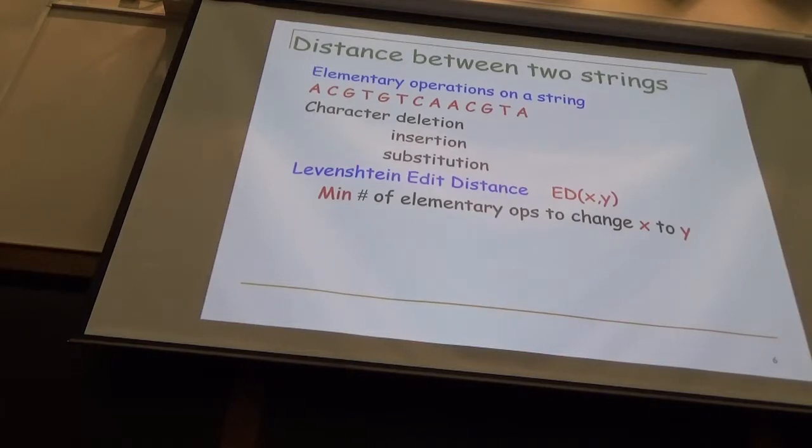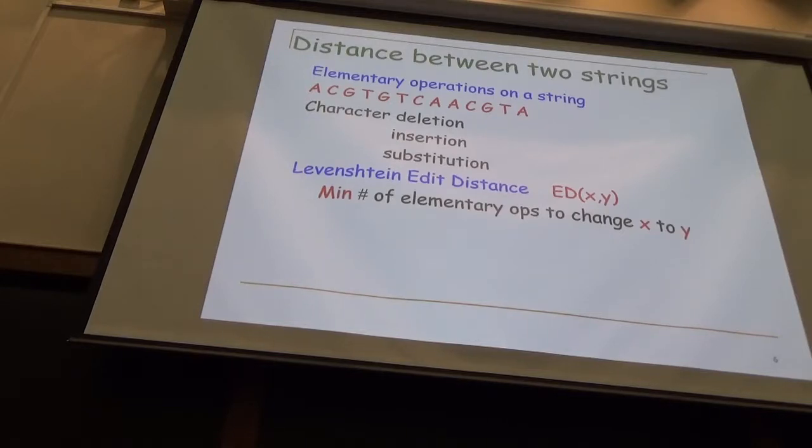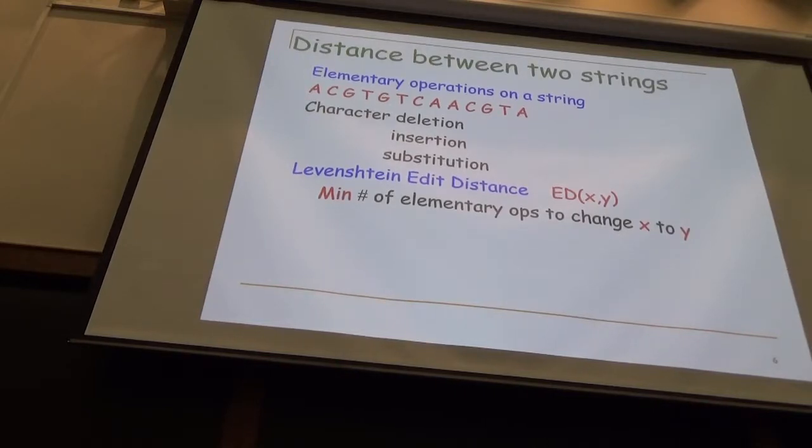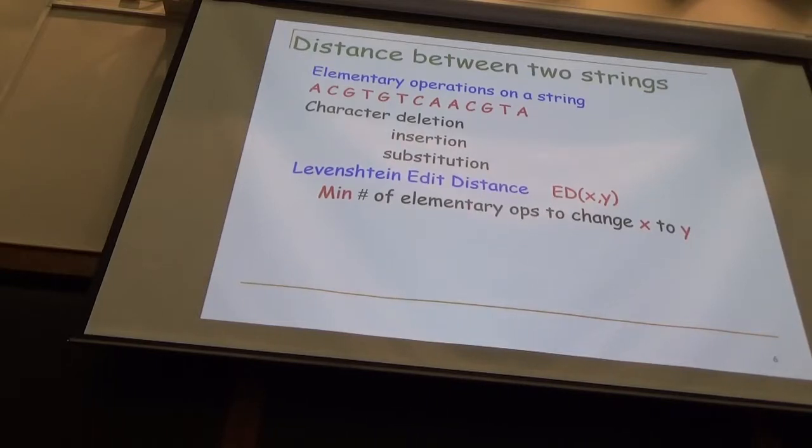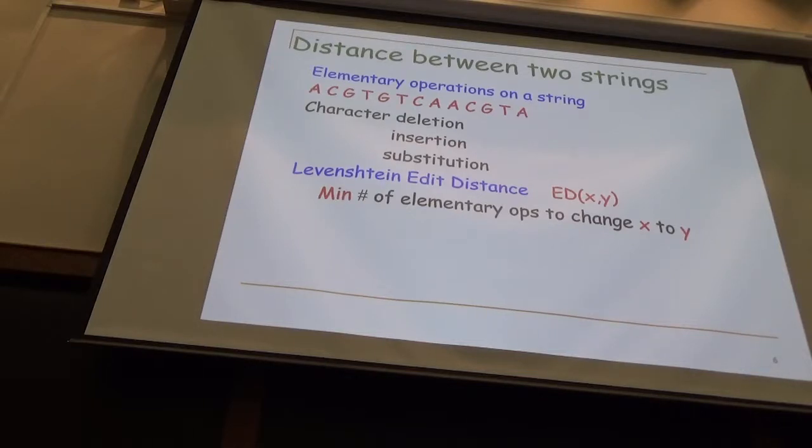It is an easy exercise, which you may have done, but you could do it right now as you sit, that this is a symmetric function, that the minimum number of changes to change x to y is the same as the number of changes to change y to x.